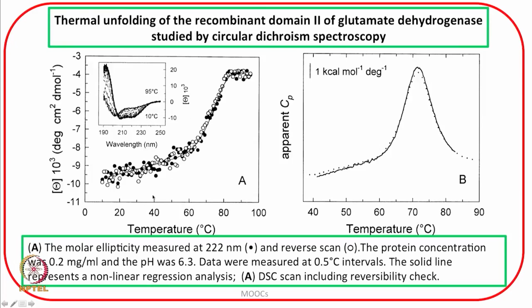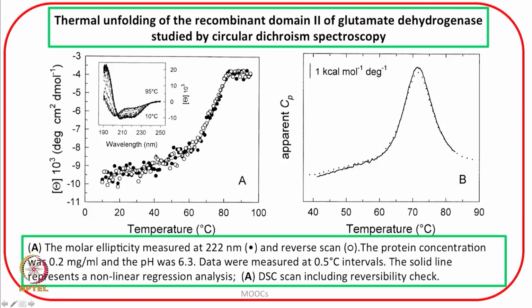In this particular figure, the black dot and white dot correspond to thermal heating and checking of the reversibility of the unfolding process. Obviously, since the black circles and the white circles overlap, this demonstrates that there is a good reversibility of the unfolding in case of the recombinant domain 2 of glutamate dehydrogenase.